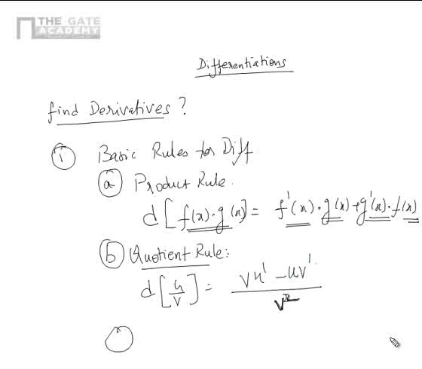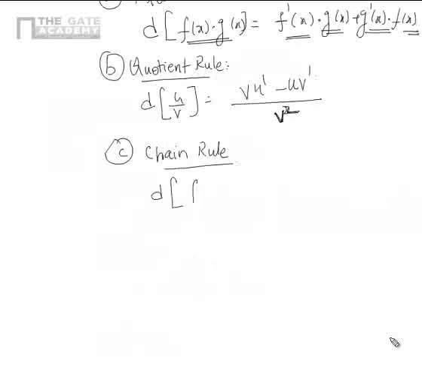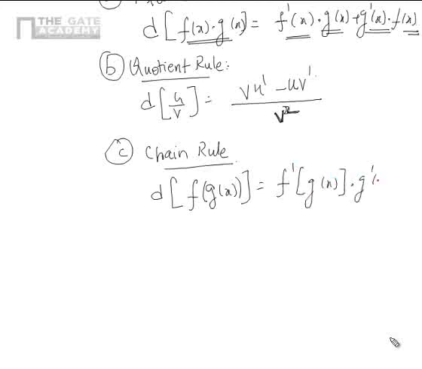We should remember this. Then the third thing is called the chain rule. Here, differentiation of f of g of x is nothing but f dash of g of x into g dash of x.